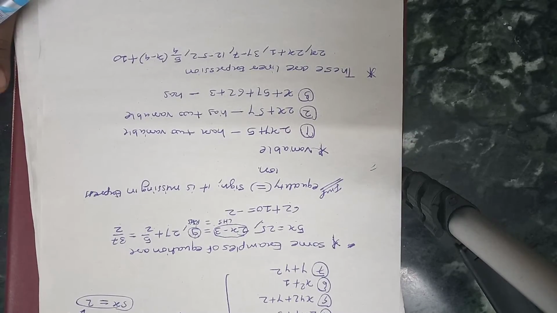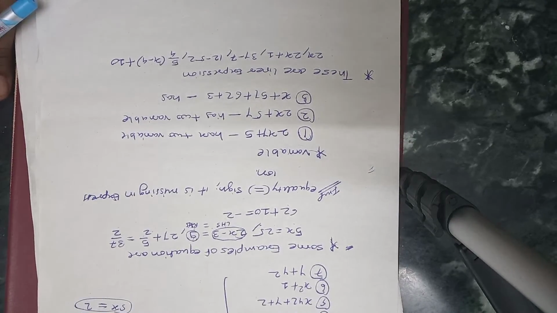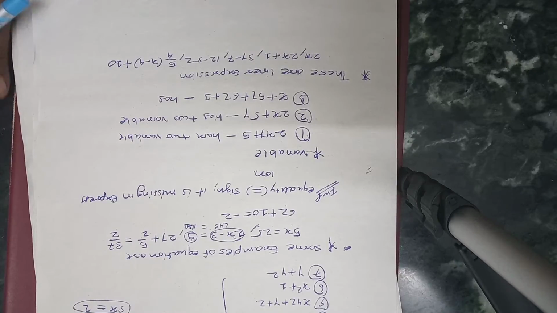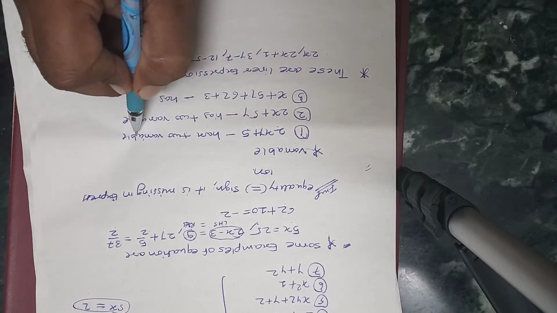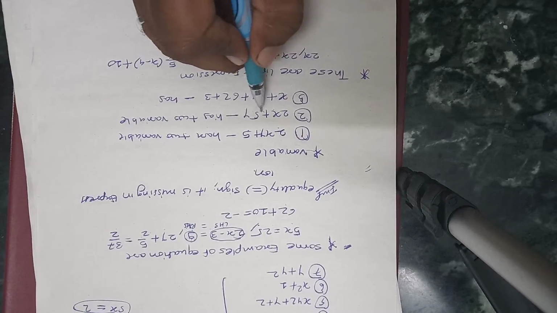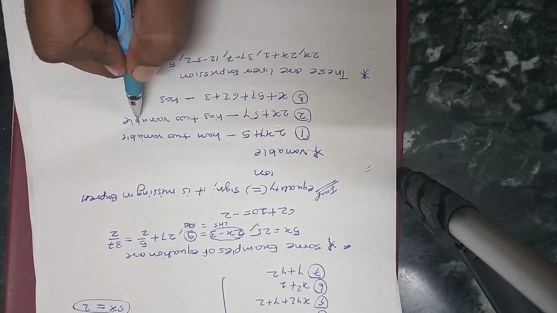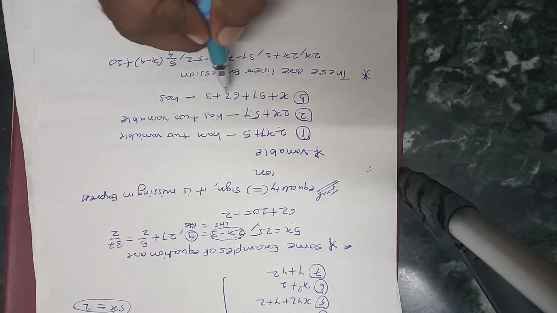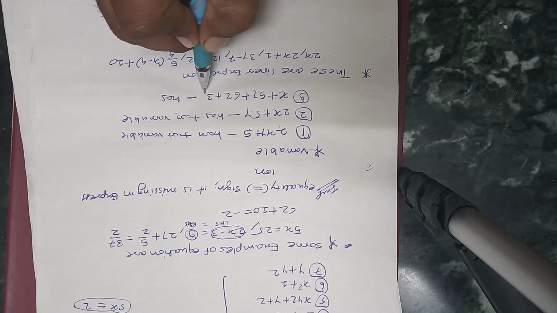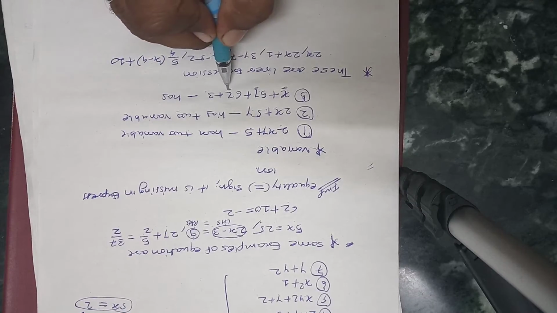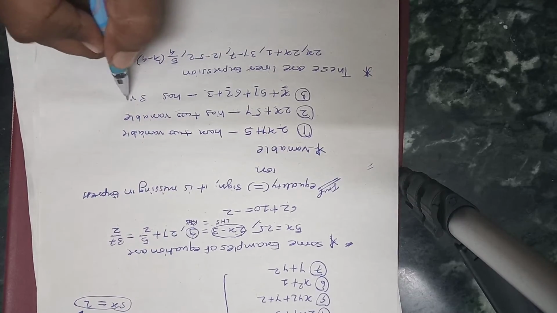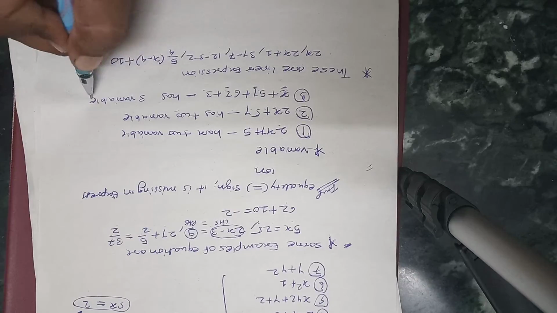And let us see what is variable in expression and equation. 2x plus y has two variables, 2x plus 5y has two variables, x plus 5y plus 6z plus 3: x is one variable, y is one variable, z is one variable, means total 3 variables, right?